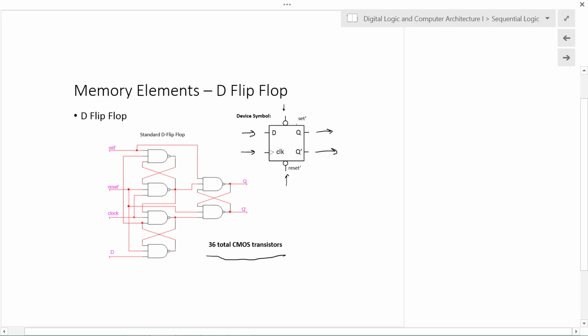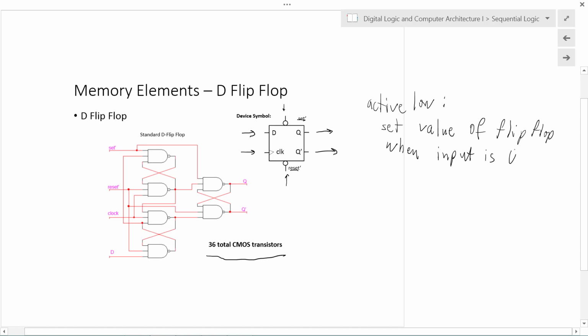So set prime, notice that, and reset prime, notice that these are inverted, so these are called active low. Set value of flip-flop when input is 0.